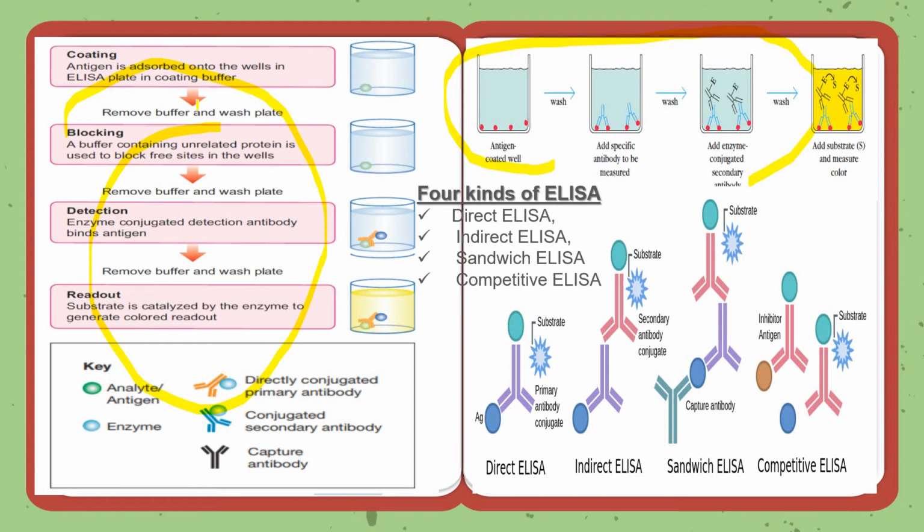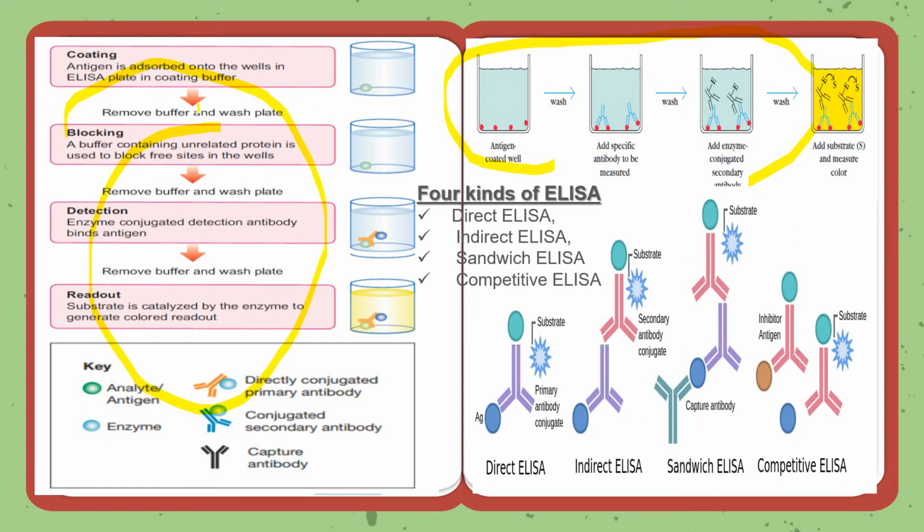A buffer containing unrelated protein is used to block free sites in the well. Then the third stage is detection. The enzyme-conjugated detection antibody binds the antigen. Then the fourth one is readout. Here the substrate is catalyzed by the enzyme to generate a colored readout. From this we can easily find out the presence of the particular antigen.